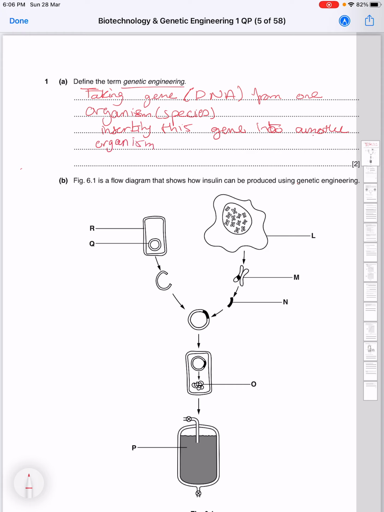Okay, why am I doing that and how am I doing that? This is the purpose of my tutorial today.